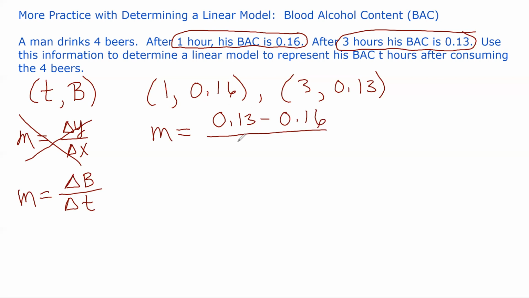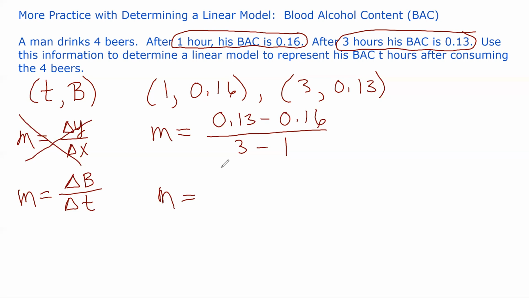And we need to make sure that we are putting the information together as it was presented. So for example, please notice that the blood alcohol content of 0.13 is above the time of 3 hours. Also notice that the numerator gives us a negative value.